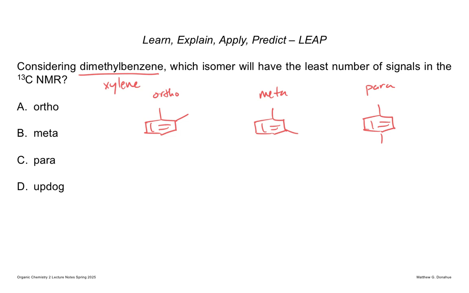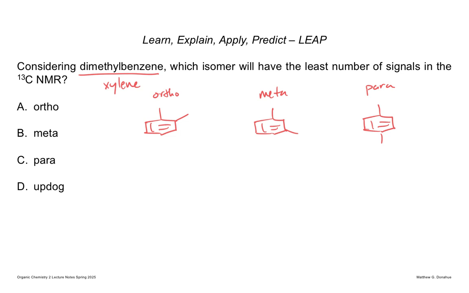So there's your ortho, your meta, and your para. And it's specifically asking about carbon uniqueness. So which would have the least number of signals in the carbon NMR?